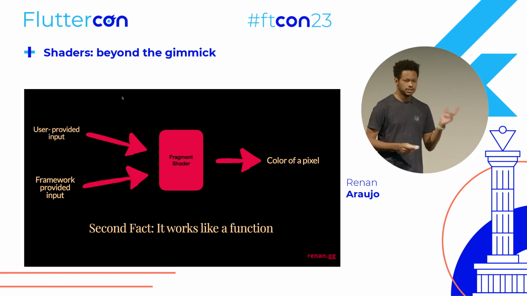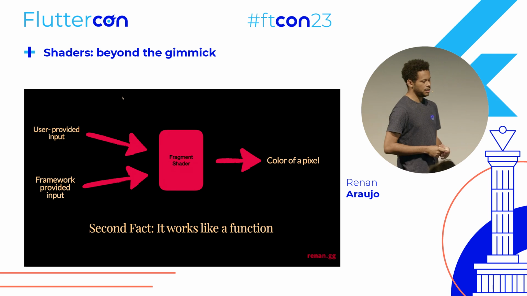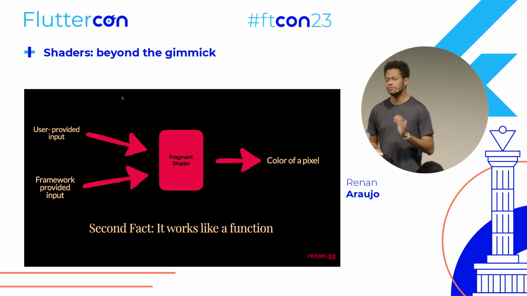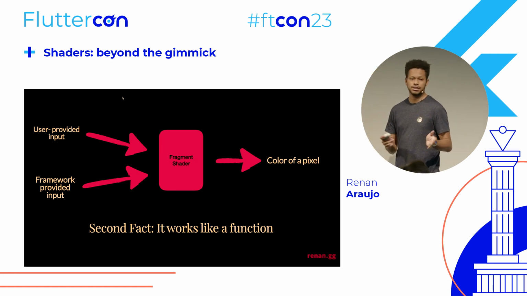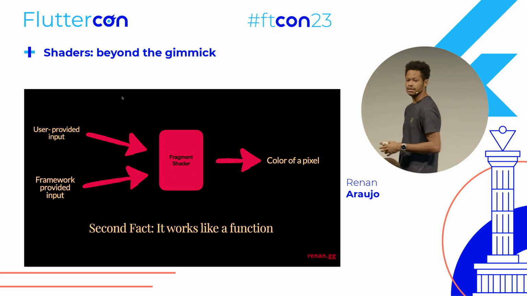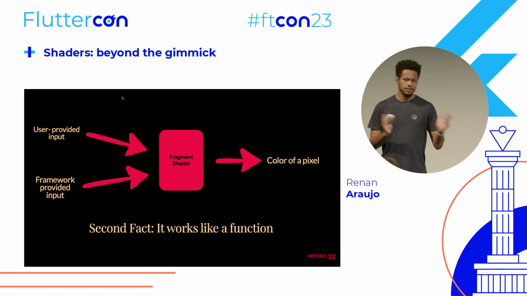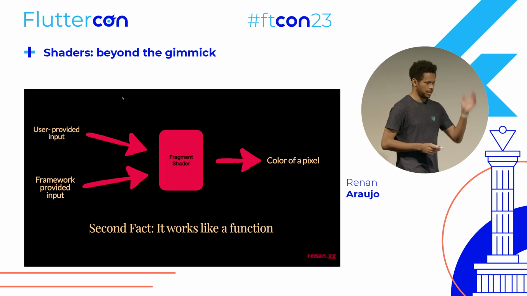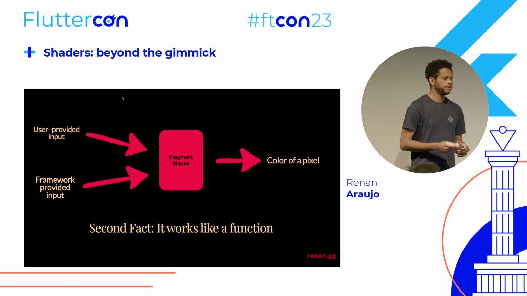The inputs are of two types: the ones that we provide as values, and the ones that are provided by the framework. The one that's provided by the framework is only the coordinate of the pixel that the fragment shader will set the color for. And the user-defined ones don't vary from coordinate to coordinate, so they're all the same for all the pixels on the screen.